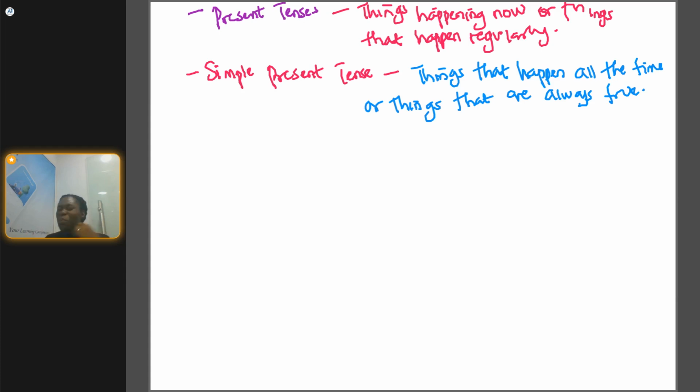That's something that happens all the time. It happens every day. So that's what it looks like in simple present tense. When you say something happens all the time, it means that it happens all the time, or things that are always true. Something like facts.